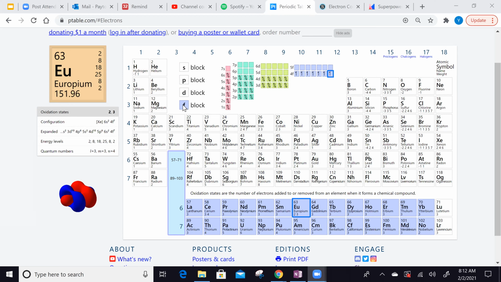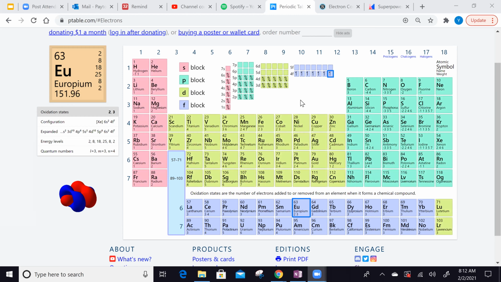All right, so I'm just gonna take it off so you can see all the colors again. So what it should kind of look like: S, P, D, and F. And you have to know this for us to get ready to do what we're about to do.